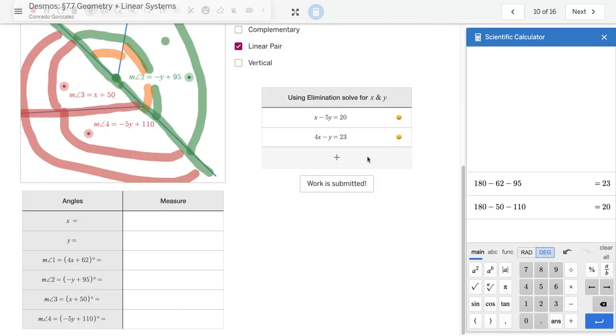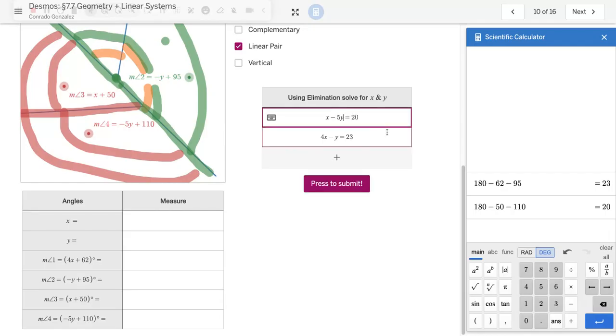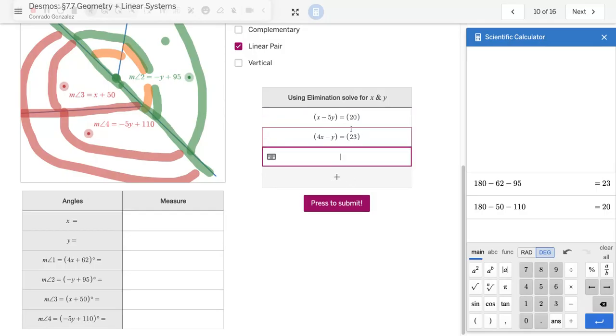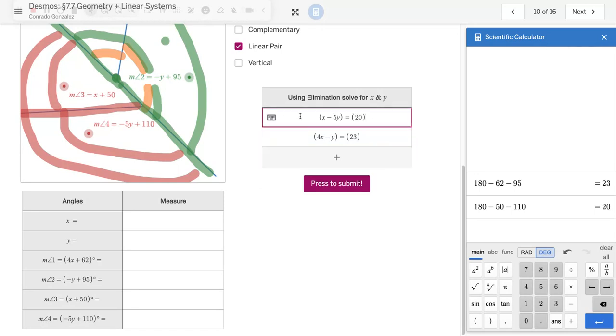Now we want to continue and solve this system of equations, and I want to multiply both of them by something. I'll put parentheses around each so I can multiply both sides of the equation. If I multiply the first equation by negative 4, I get negative 4x, and the other is positive 4x, so they eliminate to 0.